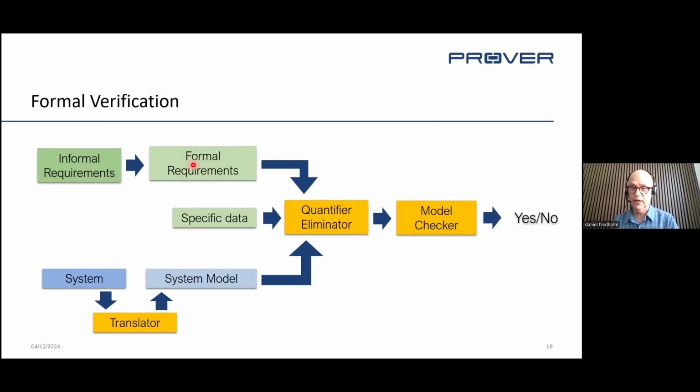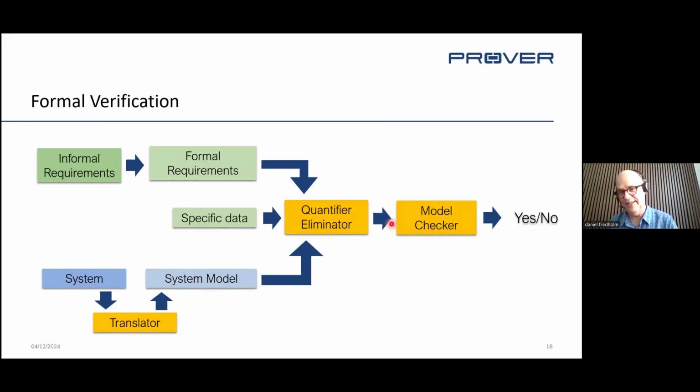And now we have all the things we need to feed into our machinery. We have our formal general requirements, we have the specific data, and we have the system model. Then we can start off by eliminating all the quantifiers and partially evaluate, meaning that we will turn these things into propositional formulas involving the variables that we encounter here in the model of the system.